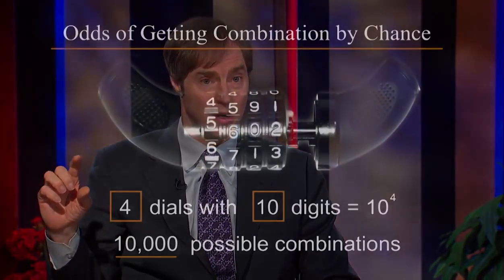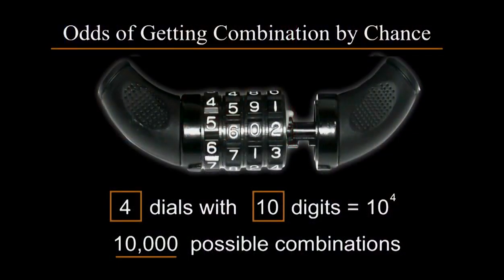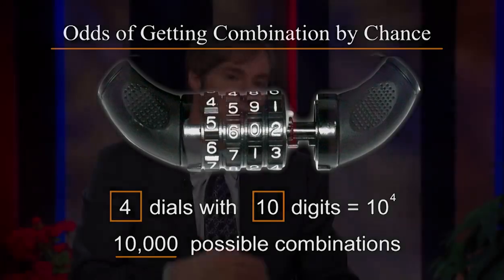We know that there's a lot of different combinations. In fact, with a 4-dial lock, there's 10 times 10 times 10 times 10, or 10,000 possible arrangements of those digits, only one of which will open the lock. If the thief only has a couple minutes, the thief will, by random means, only be able to sample a very small number of those combinations, and so it's overwhelmingly more likely in that case that the thief will fail.